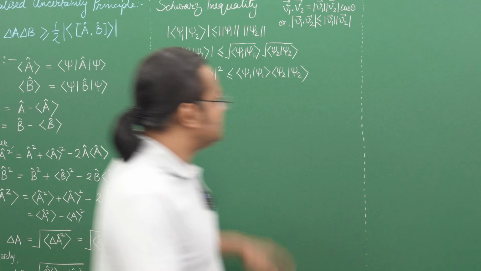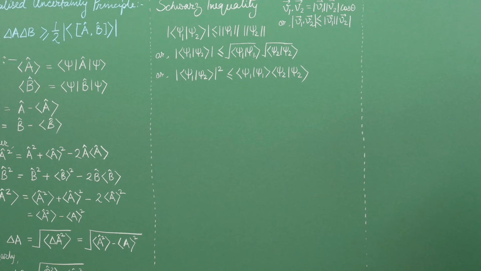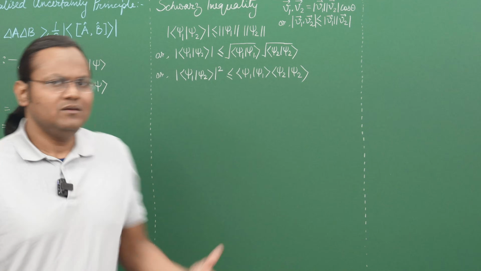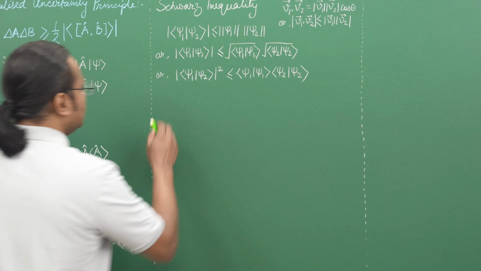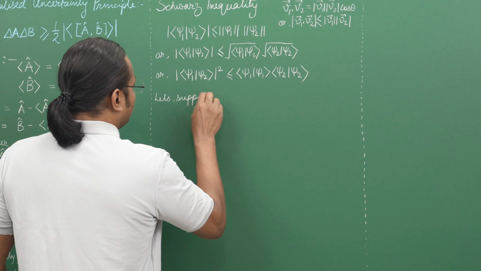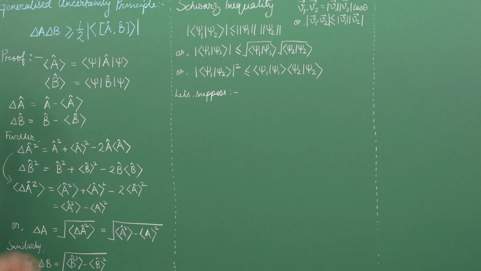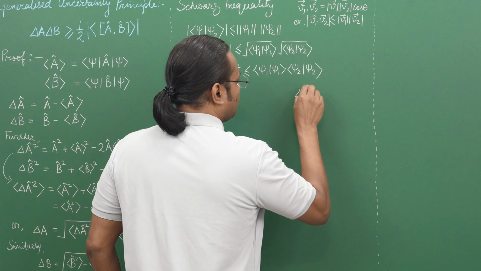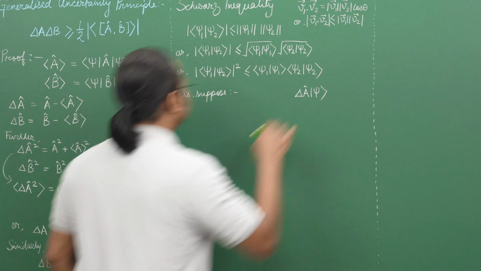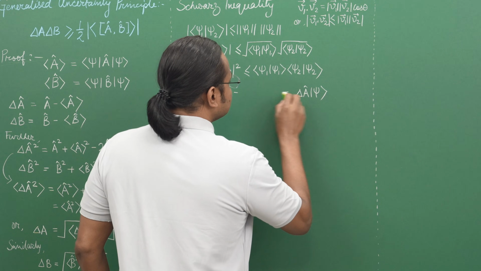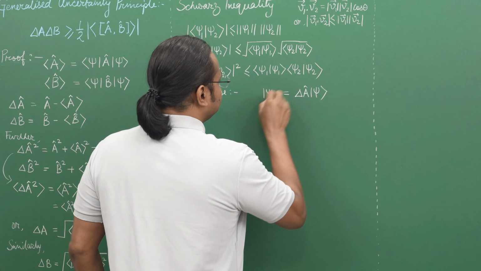And I'm going to make use of this in our particular uncertainty principle derivation. How? By saying that psi1 and psi2, well, we can substitute them the way we want. Let's say that the moment the uncertainty operator of A acts on psi, which is the quantum state of the given system, let me call this psi1.